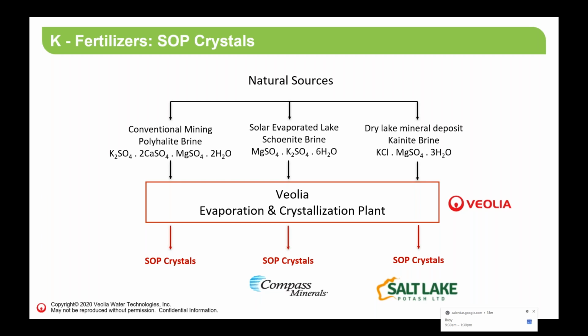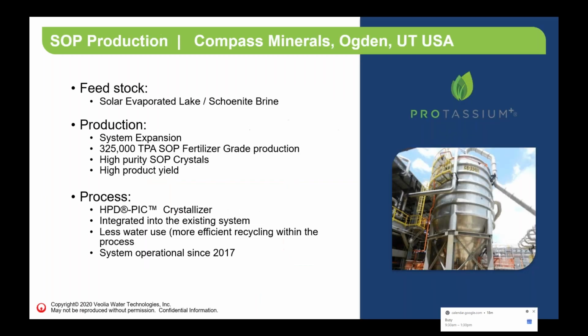I want to talk to you today about the Compass Minerals reference, where we produce SOP crystals from solar evaporated schoenite brine, K2SO4, potassium sulfate, 6H2O. So this is one of our latest references with the schoenite brine.